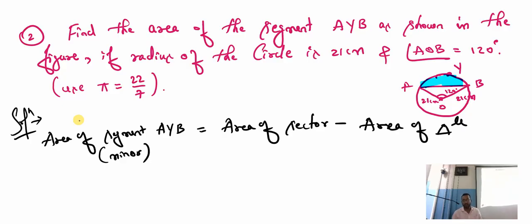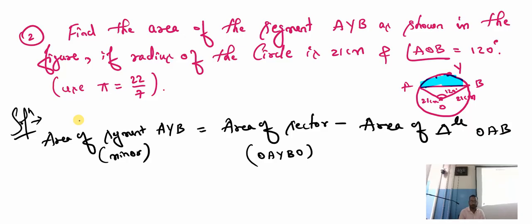What is the name of the sector? O, A, Y, B, O. Correct? That is the name of the sector. Minor sector O, A, Y, B, O. That is the complete sector. In that complete sector, we have to remove the area of triangle O, A, B.